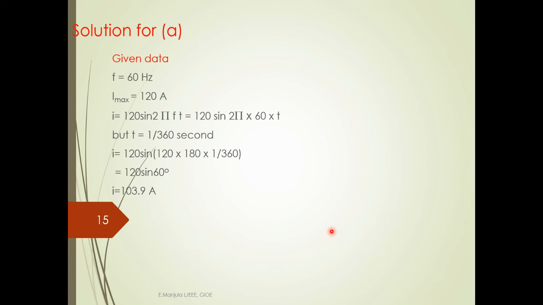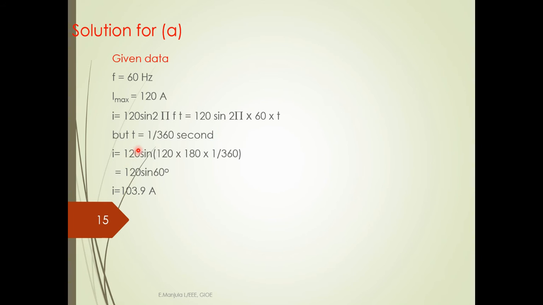The given data is f equals 60 Hertz and I maximum equals 120 amps. The instantaneous value I is equal to 120 sine of 2 pi f t, which is 120 sine of 2 pi into 60 into t, but t is equal to 1 by 360 seconds.